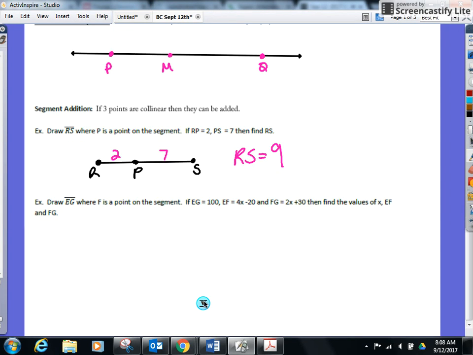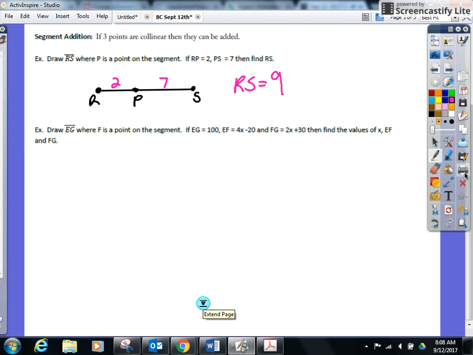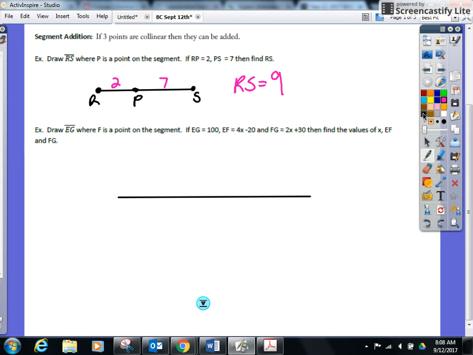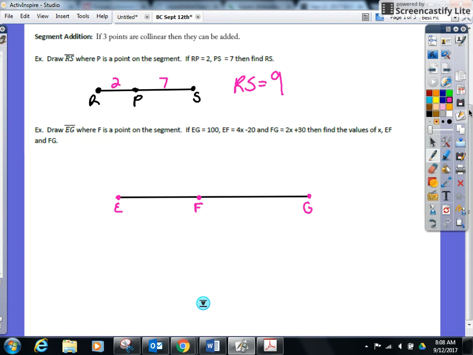Go ahead, draw a line segment EG, and put point F on that segment. Okay, let's see the information they give us.